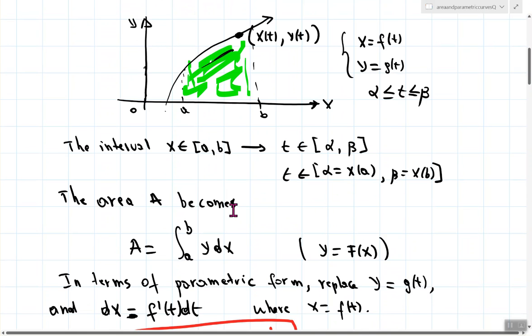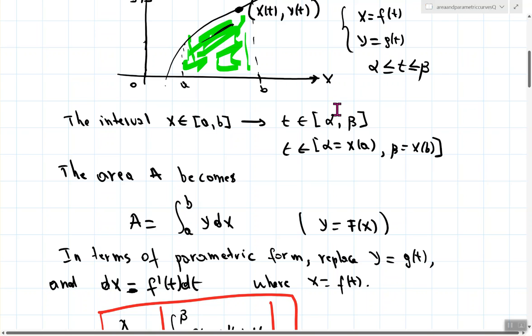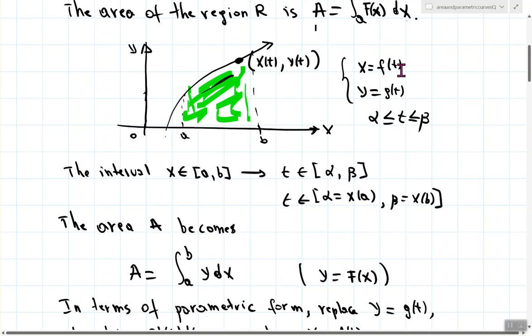What we're going to do is integrate from alpha to beta, because this is the parametric equation, x equals f of t, y equals g of t, and t is the parameter that is between alpha and beta.